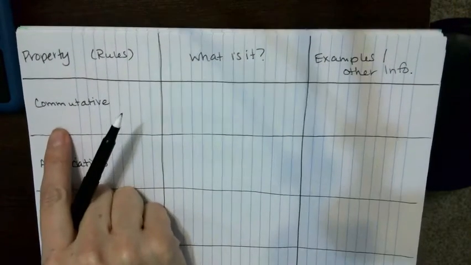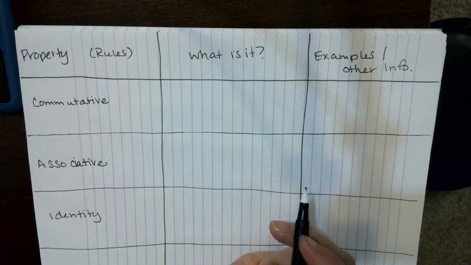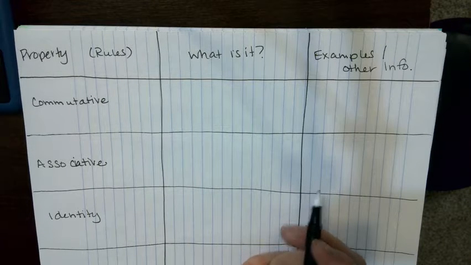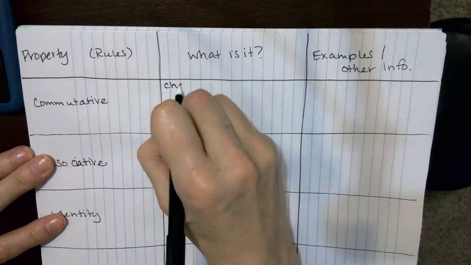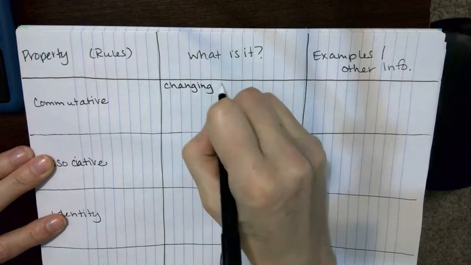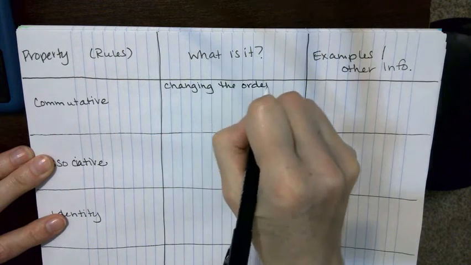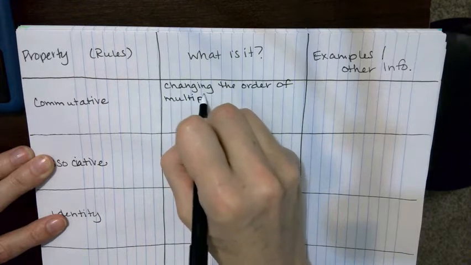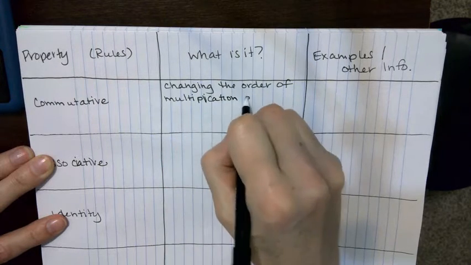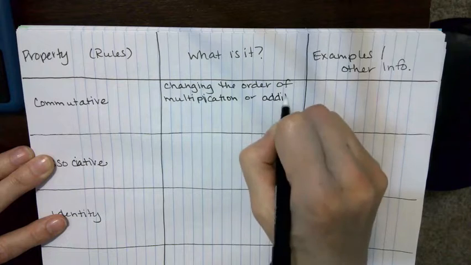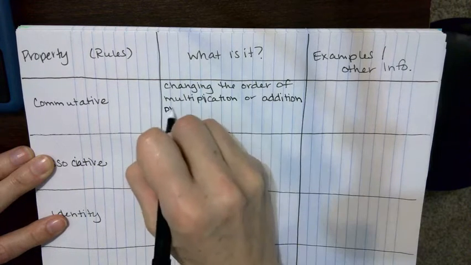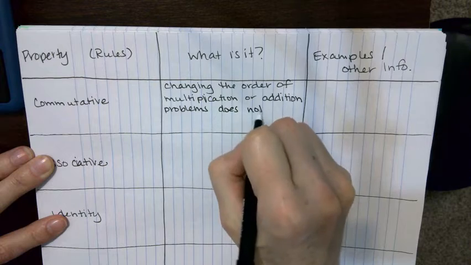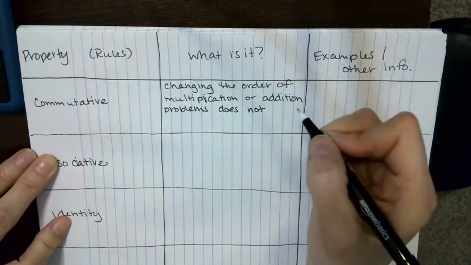So the commutative property is when you just change the order of multiplication or addition problems, okay? So changing the order of multiplication or addition problems does not change the answer.